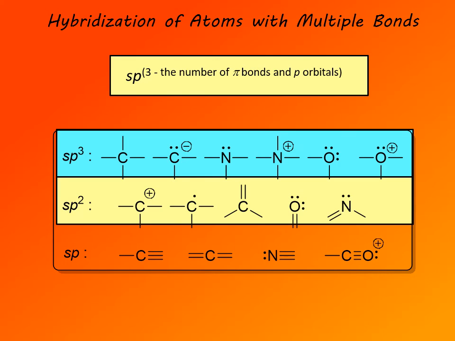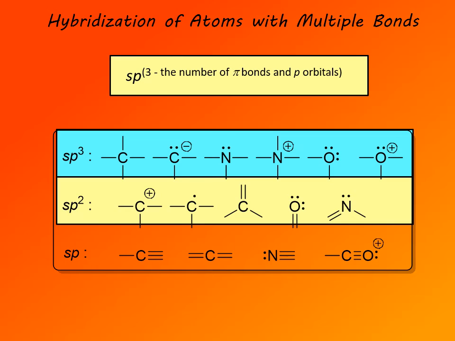Then some examples of sp2 hybridized carbon, oxygen, and nitrogen atoms, and each of those atoms has 1 p or pi orbital. The first 2 carbon atoms have an atomic p orbital, an unhybridized p orbital, and that's why they are sp2 hybridized. The middle carbon, the third carbon in this order, has a molecular pi orbital, so that's why it's sp2 hybridized.